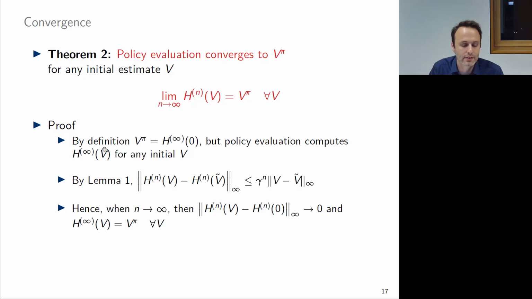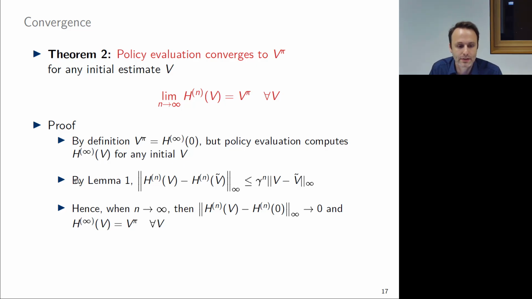Now the proof is that, by definition, if we apply this operator infinitely many times, starting with the zero estimate, then we are at the true value of the policy. But the policy evaluation operator applied infinitely many times also computes this for any initial estimate v.